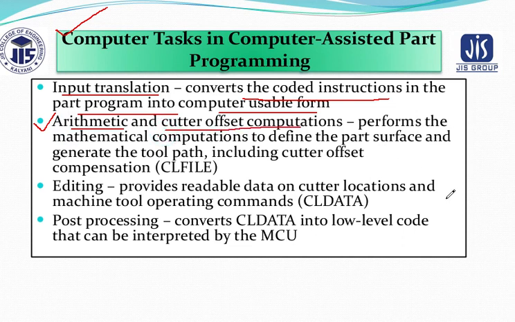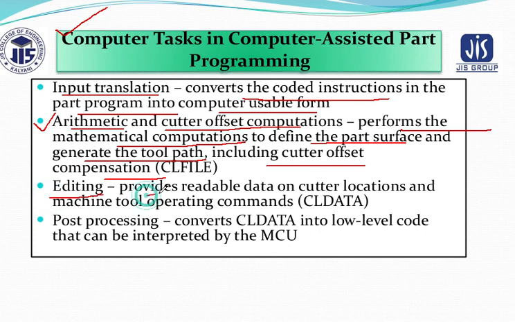Its basic function is to perform the mathematical computation to define the part surface and generate the tool path, including cutter offset compensation, which is very commonly known as the CL file. Next we will be talking about the editing.